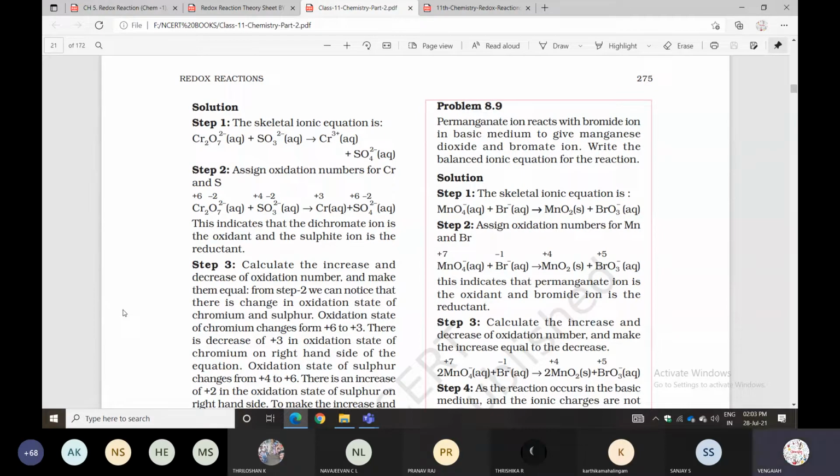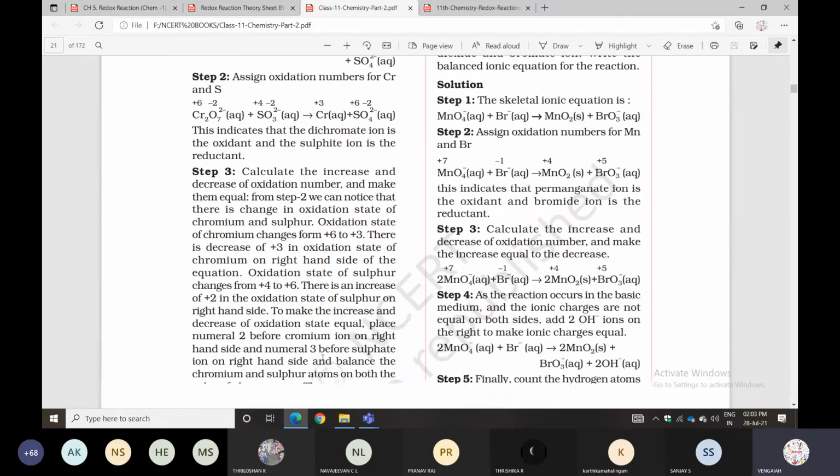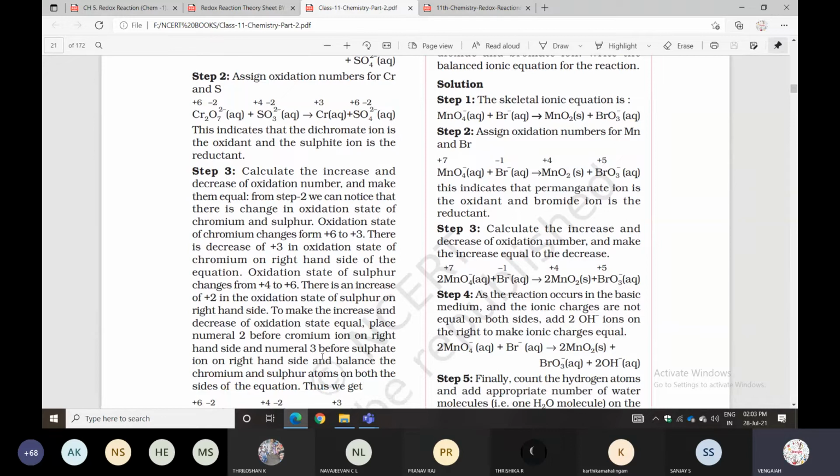The next step is to calculate the increases and decreases of oxidation number and make the increases equal to the decreases. So listen here, plus 7 to plus 4.